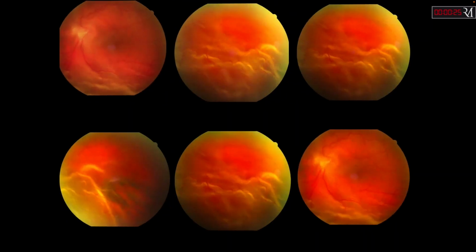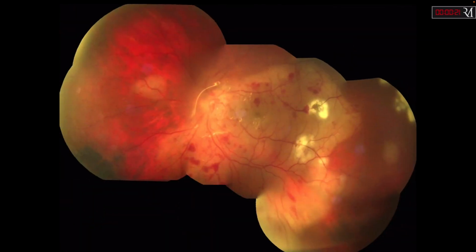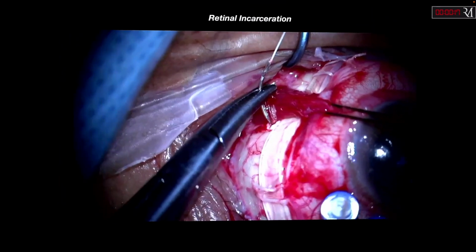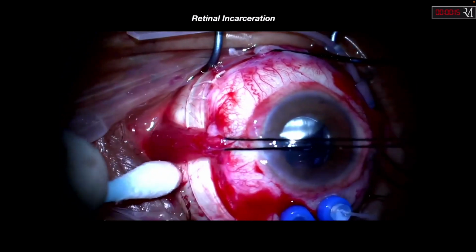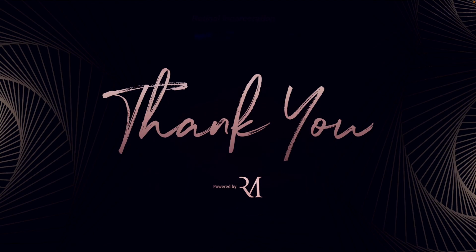Recurrence of the detachment with PVR, and you have to intervene with vitrectomy and silicone oil injection, or retinal incarceration during the drainage of the subretinal fluid. And as you can see on the nasal side, there is a retinal fold which corresponds to the area of the incarceration, and you can modify that by just adjusting the buckle to support the area of the incarceration.